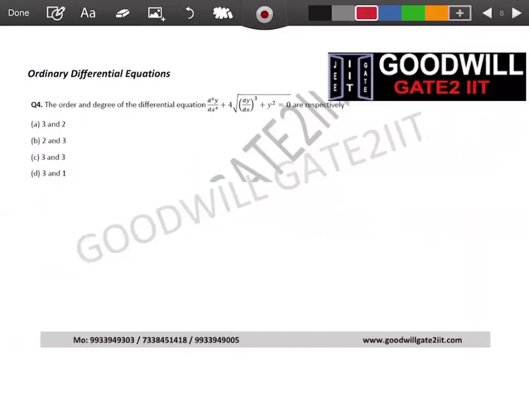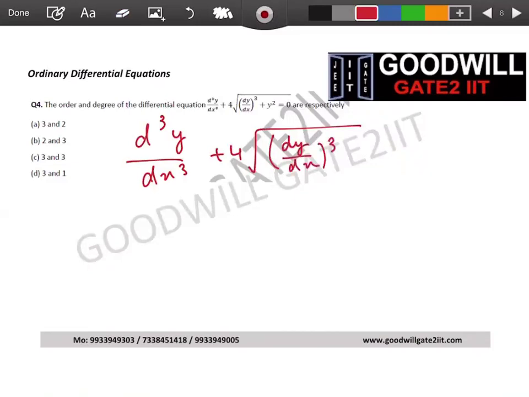Fine. So please solve this numerical. The equation given to me is d cube y by dx cube plus 4 square root of (dy by dx) the whole cube plus y square equals 0. So this is the equation given to us.